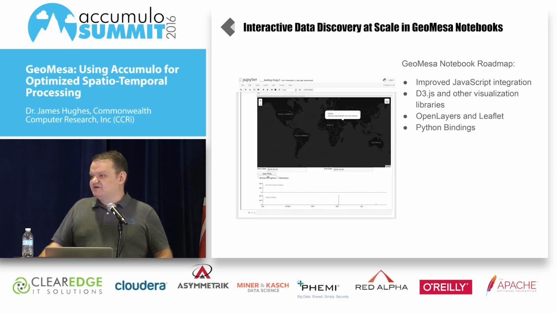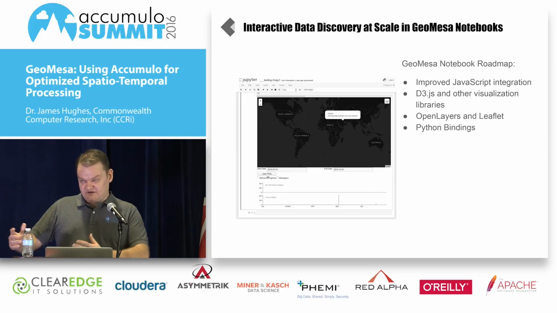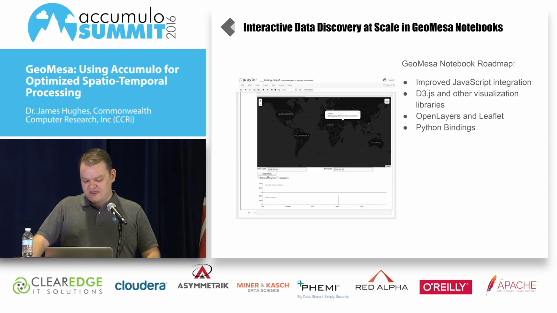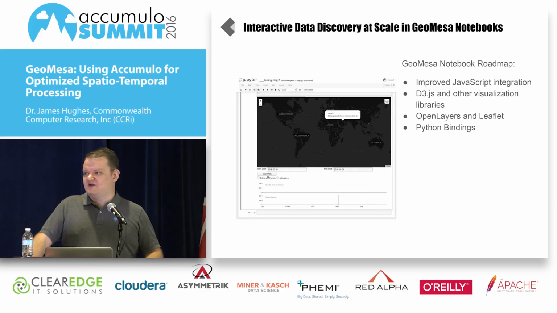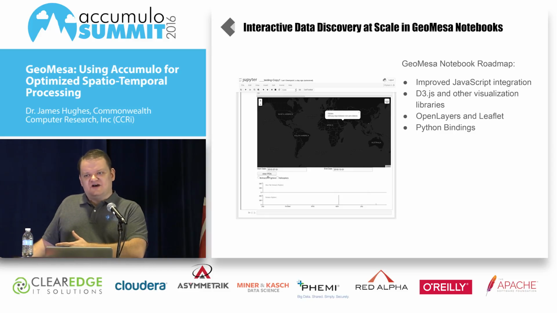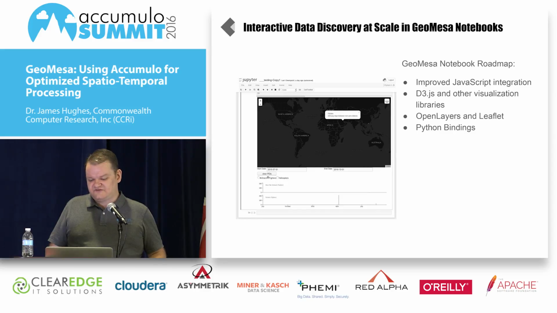Working those things out is kind of on the map. Jupyter started out life as IPython notebook, and a lot of data scientists really don't want to learn Scala. Can't blame them. They already know Python. So if we provide Python bindings for projects like GeoMesa, it's going to make it easier for people to interact with their data.